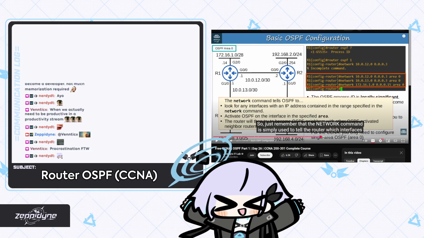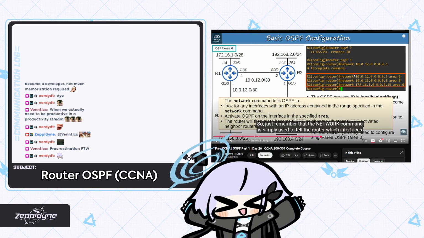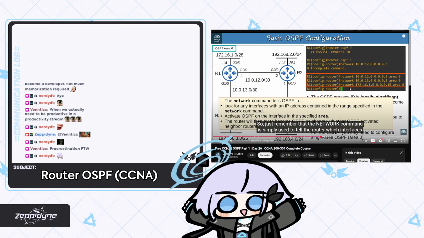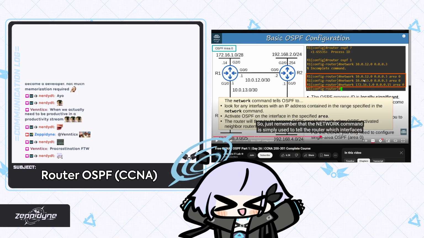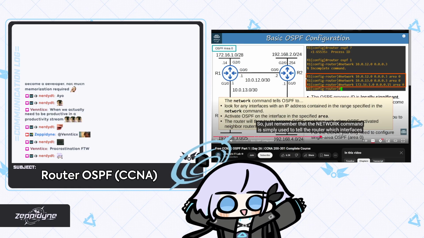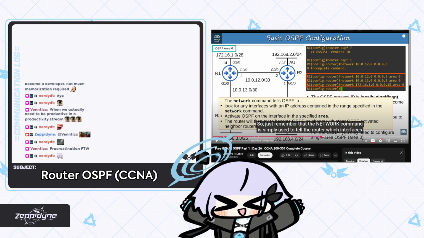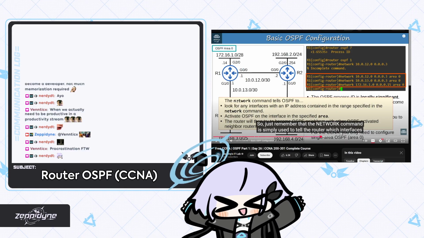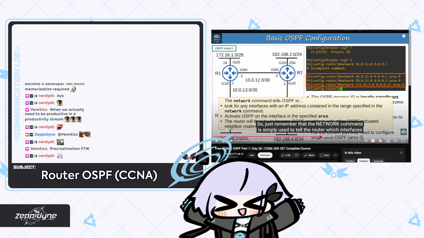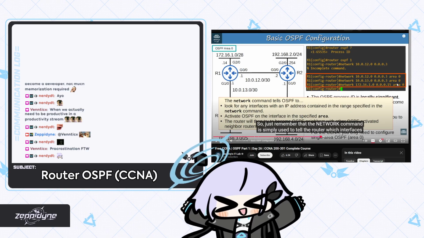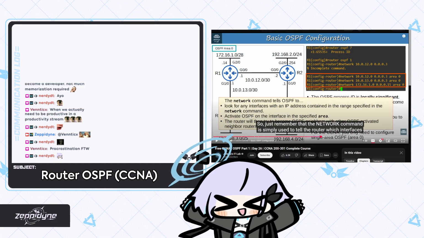But what we're doing here is just making them follow a protocol. So 10.0.12 is R2, 10.0.13, it's this one, this dialog box is blocking the way, but it's connected to R3, I think. And then the last one here, 172.16.10, is the local network of router 1.